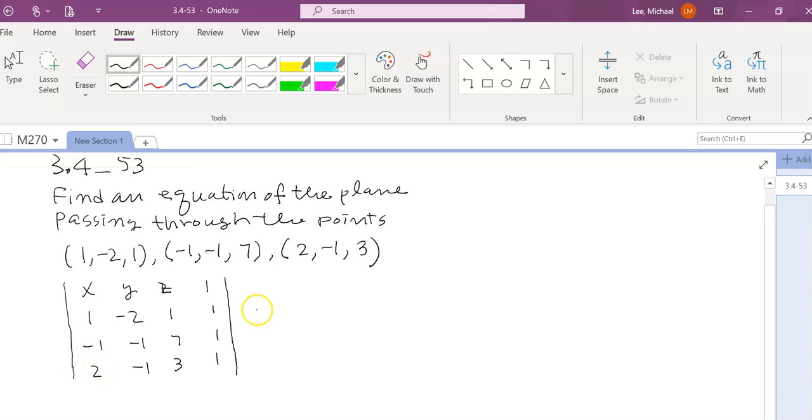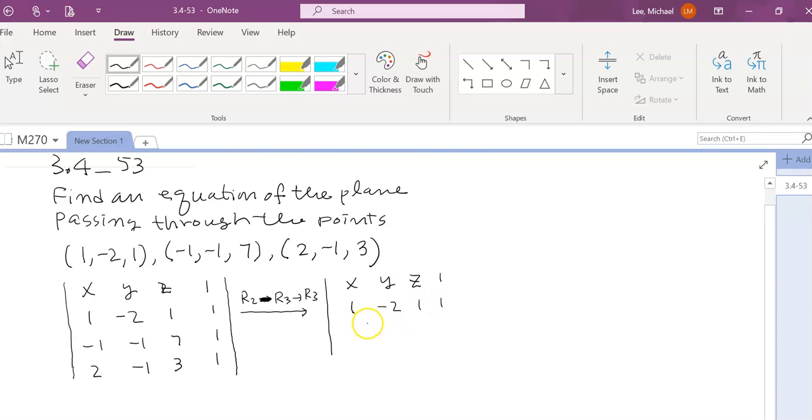So now I'm going to do R2 subtract R3, go to R3. Oh, this should be subtract. Okay, subtract. So then I have x, y, z, 1, and then 1, -2, 1, 1.